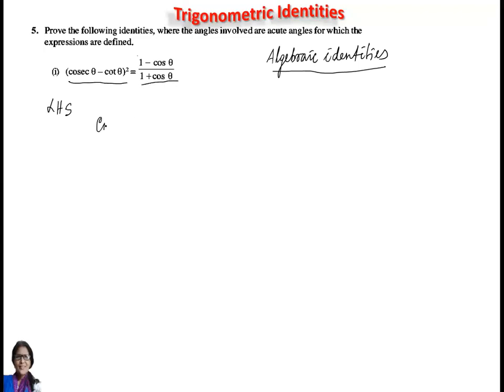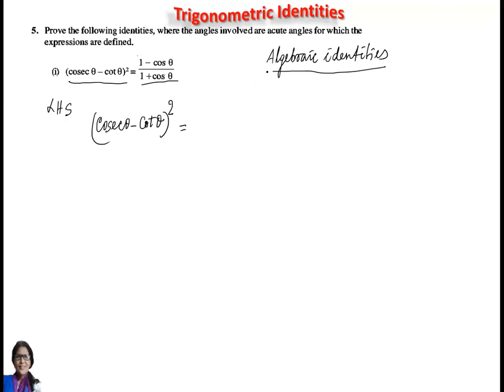So first, cosec theta minus cot theta whole square. We feel identity is difficult because these are new terms to us. But if you convert this into sine and cos and remember the basic relations, it won't be difficult.